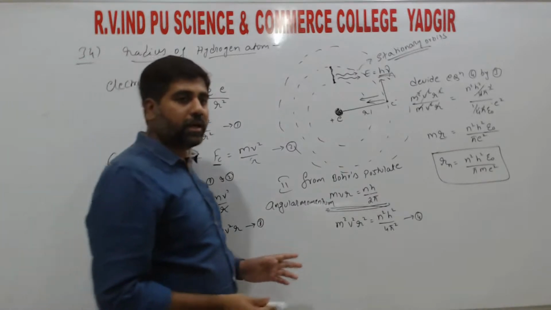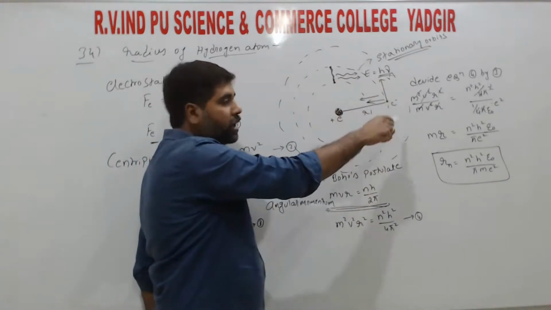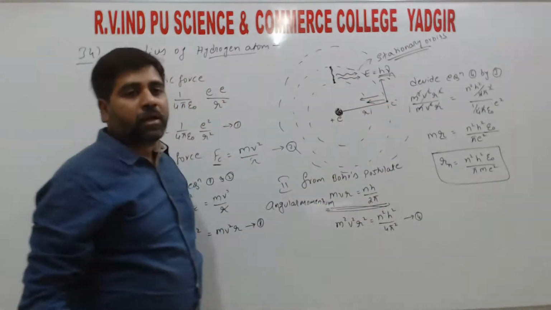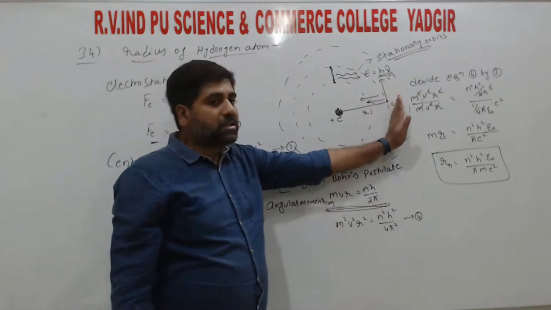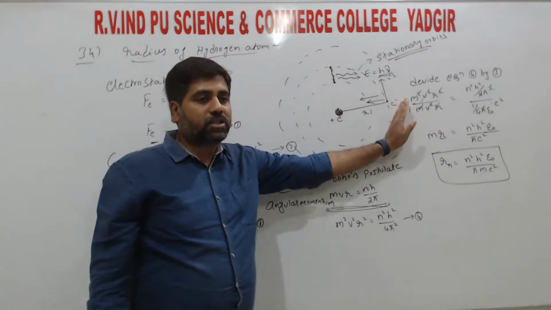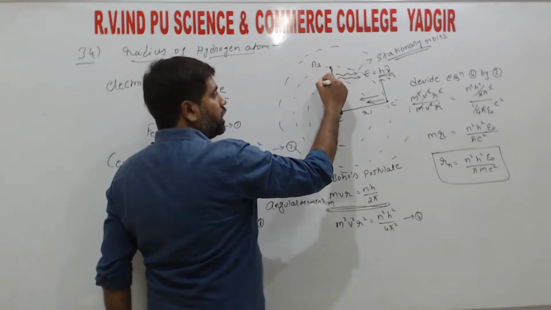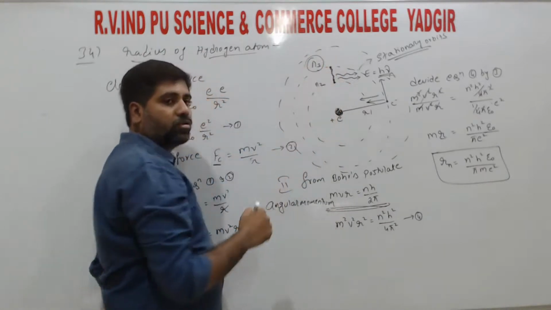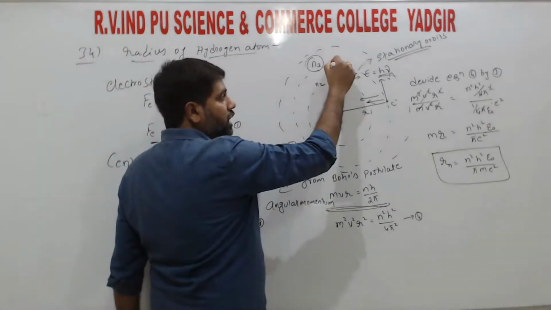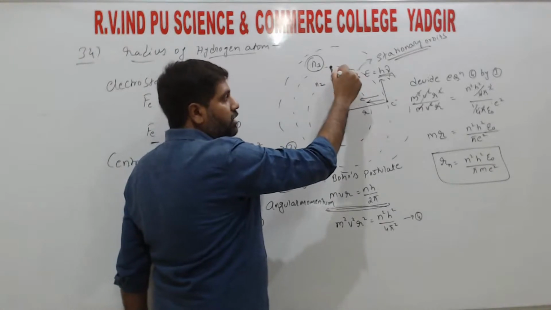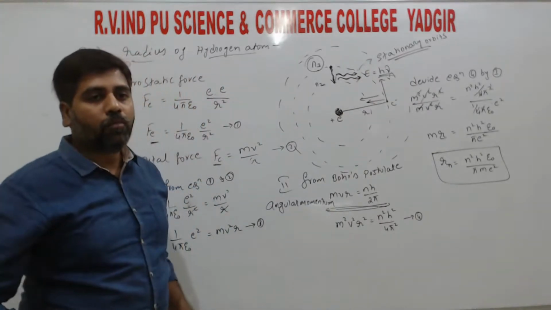In the first postulate, we said that a revolving electron does not radiate any energy, that means it does not emit. It emits only when it jumps from a higher energy state to a lower energy state. For example, n equal to 3 is higher in energy compared to n equal to 2, so when it jumps from the third energy level to the second energy level, it radiates energy.